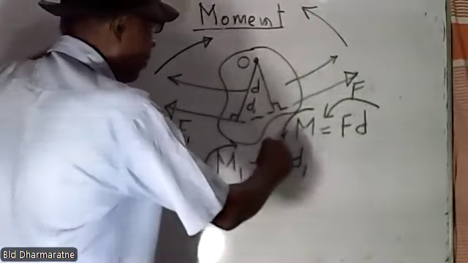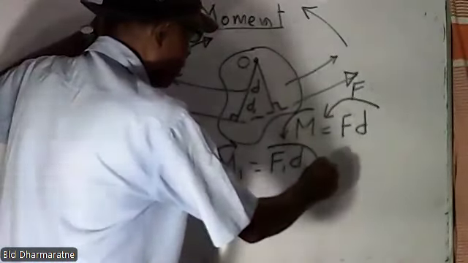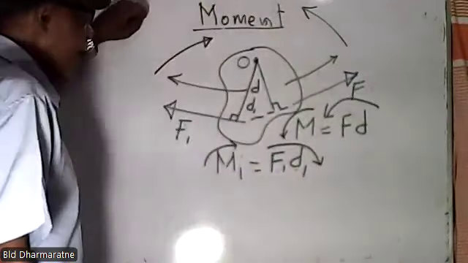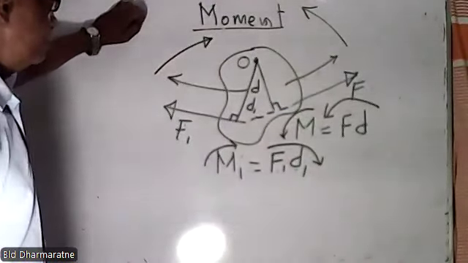The moment direction is clockwise and the magnitude is F1 D1.